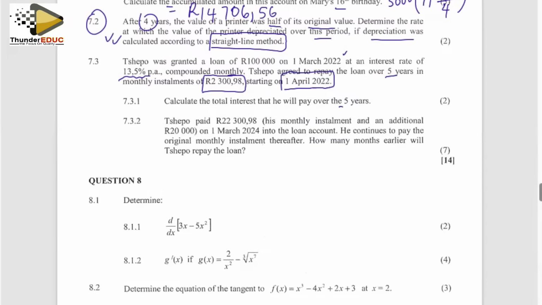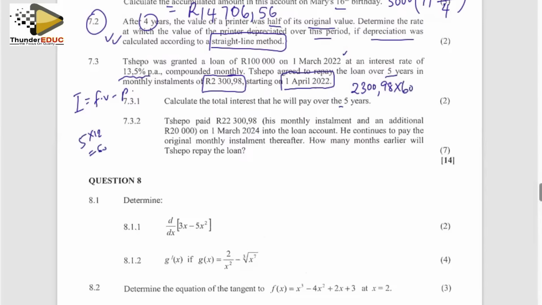Now, we know that interest is the extra that one must pay, or the extra that must be earned on any investment. So interest can be calculated by getting the final value minus the initial amount that was borrowed. So Tsepo is going to pay 2,398 multiplied by how many months? 5 years. So that's 5 times 12, which is 60 payments.